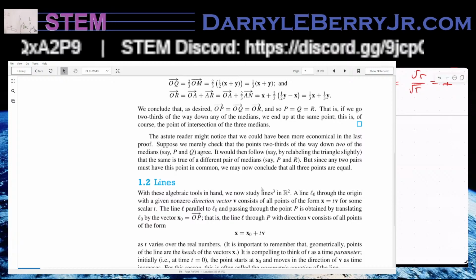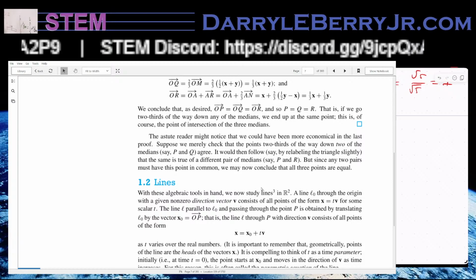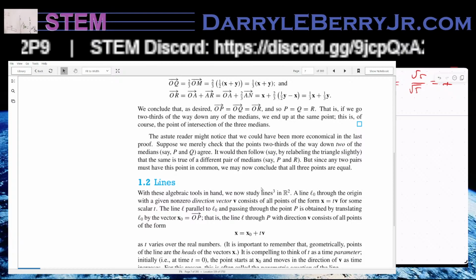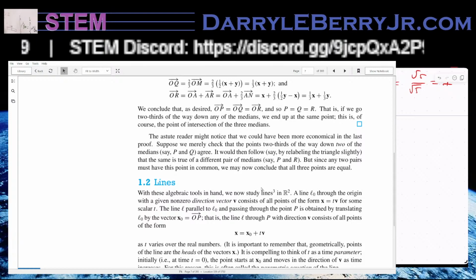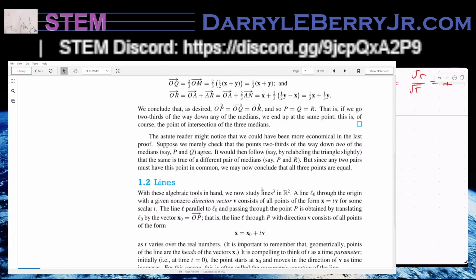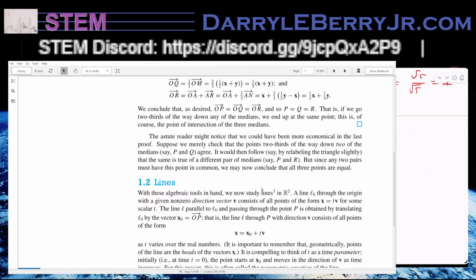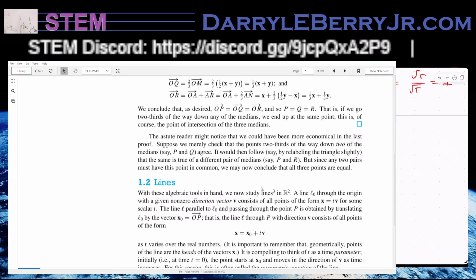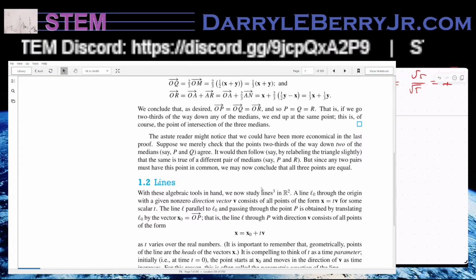So this will be XO, this will be X, and essentially this distance here will be the XO plus alpha V. We'll just say C for whatever constant.